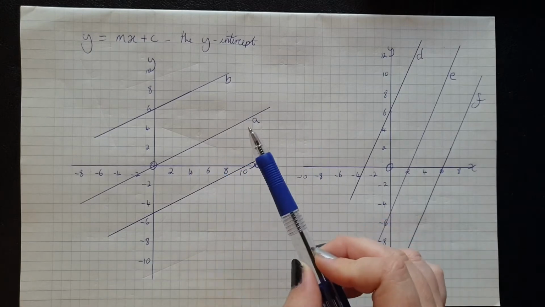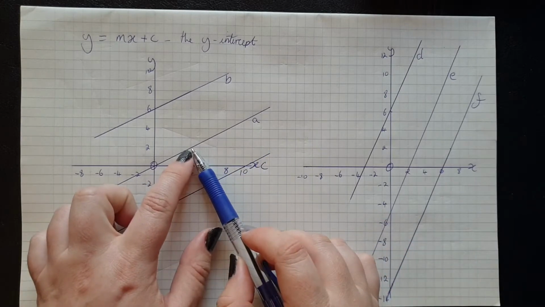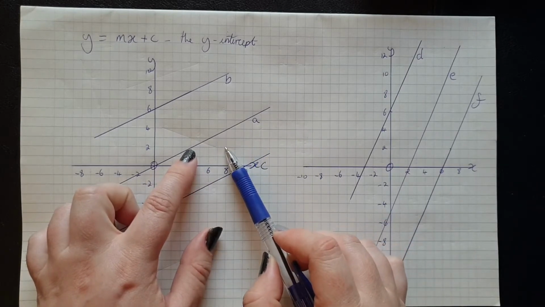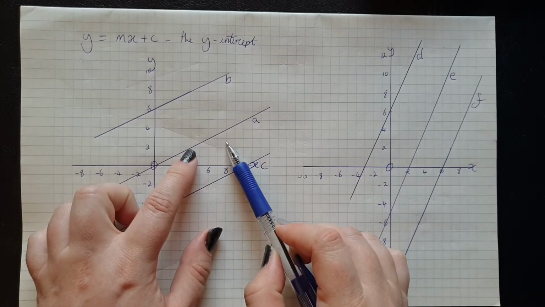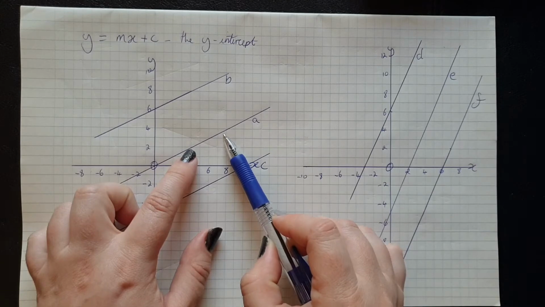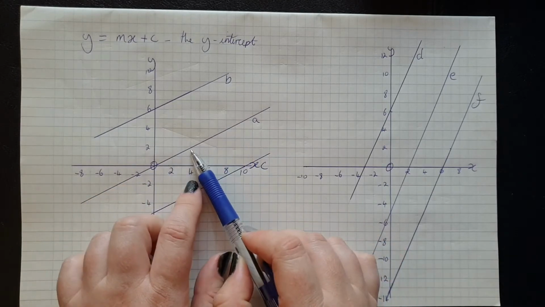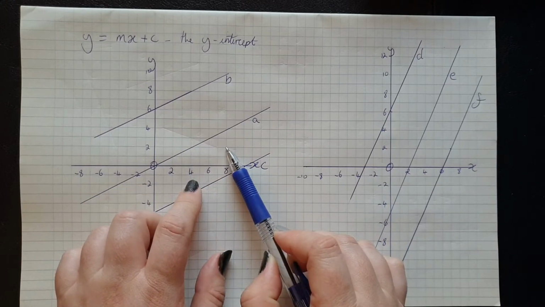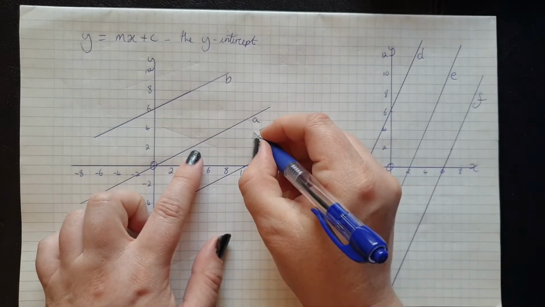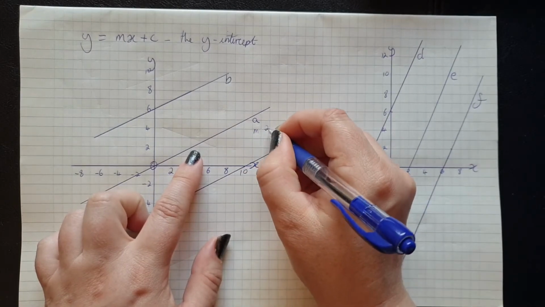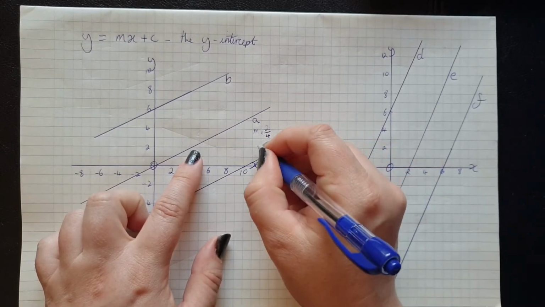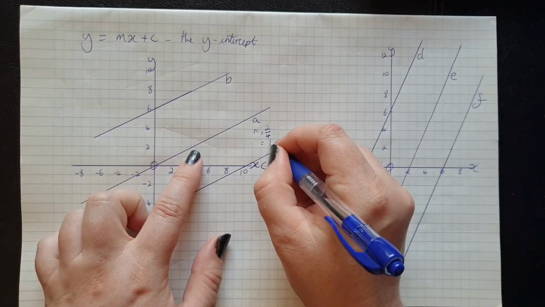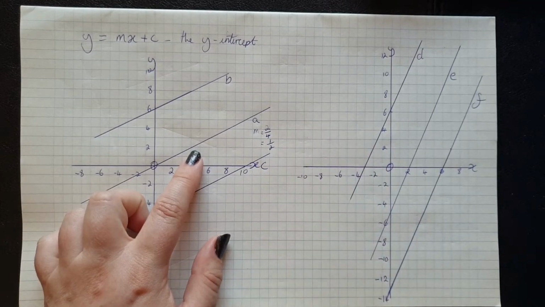I'm going to choose this part here because it comes through nice and easily. Change in y is 2, change in x is 4, so to find the m, we've got 2 over 4, which gives us a gradient of a half when simplified.